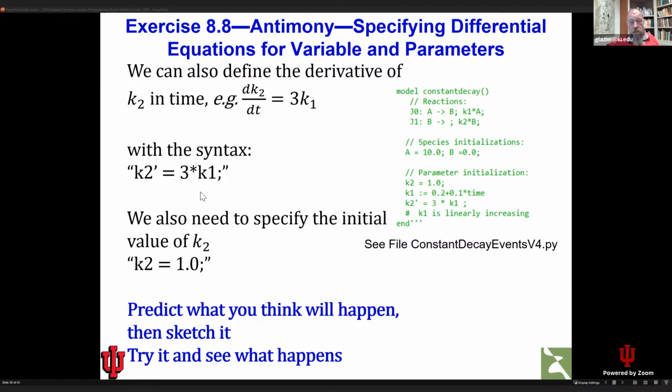We can also use the syntax directly, K2 prime equals 3 times K1, and that's equivalent to writing dK2/dt equals 3 times K1. We could equally well have written arrow, nothing goes to K2; 3 times K1, which gives exactly the same result.